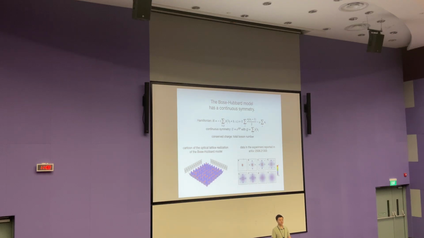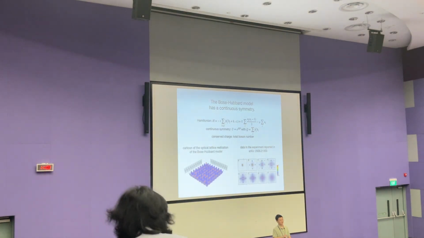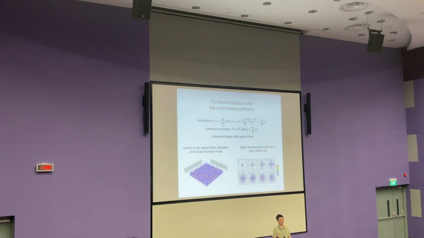It just happens here. It doesn't have to be conserved. Other questions? Usually a symmetry doesn't have to be a symmetry. If there's a symmetry, it's just a symmetry there. In principle, we can break it.